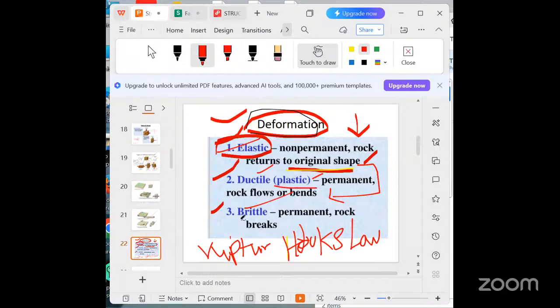After the elastic limit has been exceeded, the ductile substances undergo a long interval of plastic deformation, and in some instances they may never rupture, right?